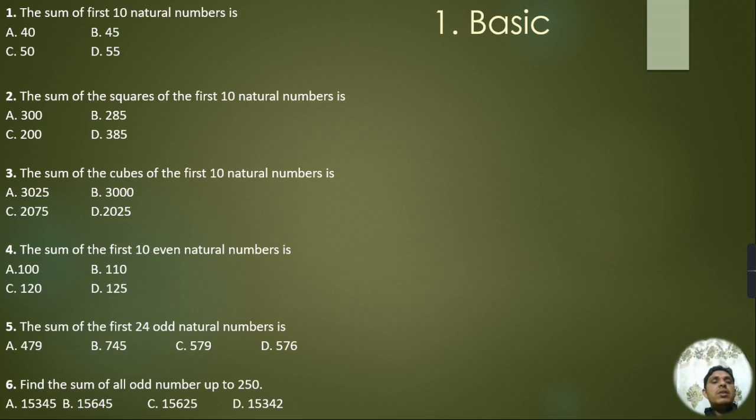If I talk about the sum of first n natural numbers, this is n multiplied by n plus 1 divided by 2. The sum of squares of first n natural numbers is given as n into n plus 1 into 2n plus 1 divided by 6.